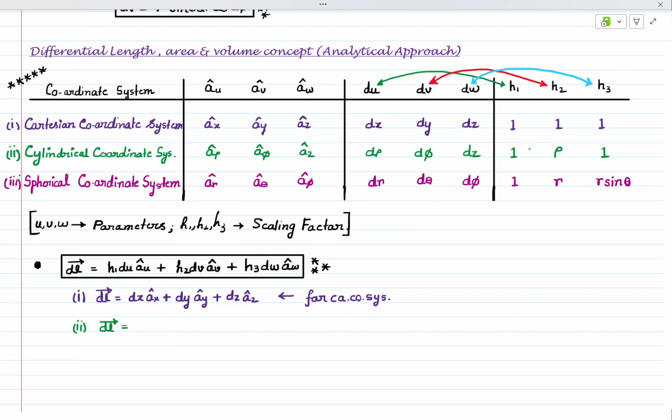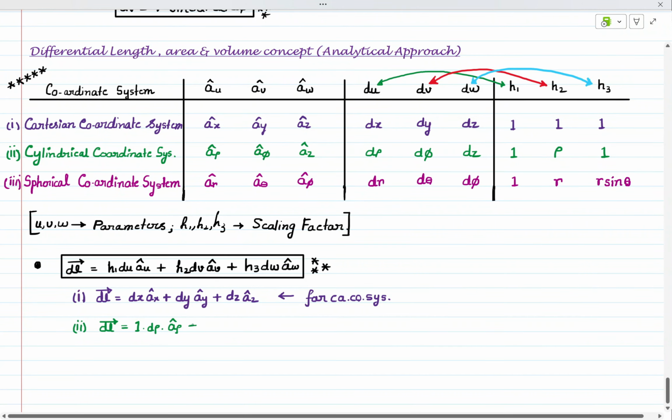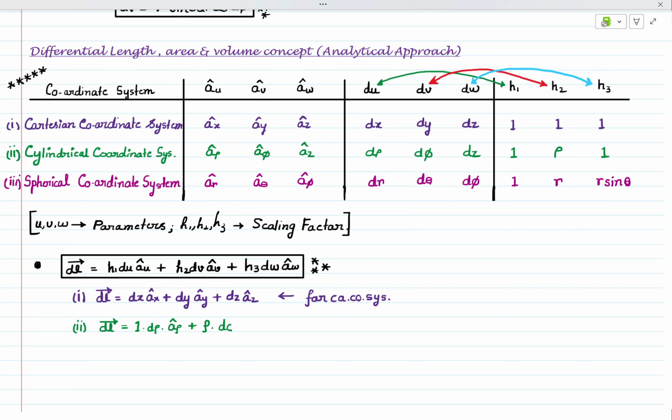H1 du into au, that means 1 into d rho into a rho, plus H2 dv av, that is rho into d phi into a phi, plus H3 dw aw, that is 1 into dz into az.